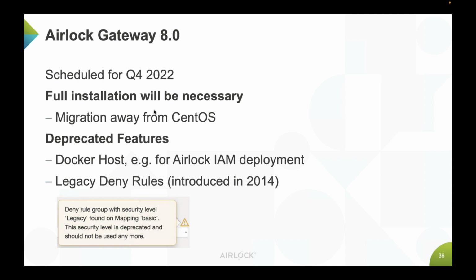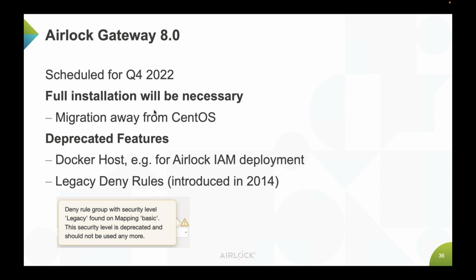Actually, it's not supported anymore, and we need to change the Linux distribution. It's not 100% clear what it will be, but it will make updating the OS impossible. So that means you will have to do a new installation. You can import the configuration, of course, but it's not a drop-in update.